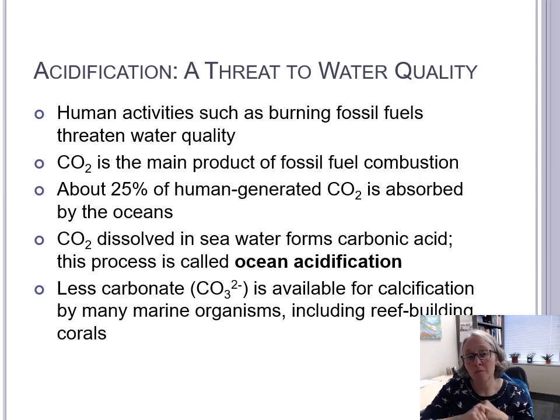This is problematic because your water is actually becoming more acidic. But secondly, it's a problem because that is going to shift that buffering system so that less carbonate will be available for organisms such as corals that require carbonate to build their outer shells. And so what we get is coral bleaching, which is happening across the world, and there's nothing really we can do about it because these organisms are in too acidic of an environment and there isn't the carbonate available.